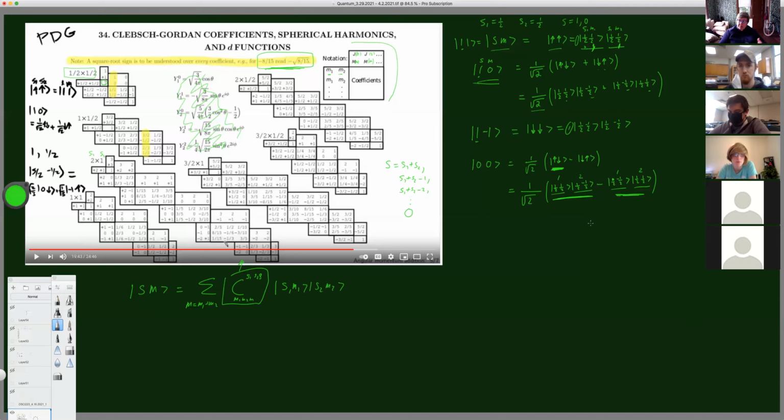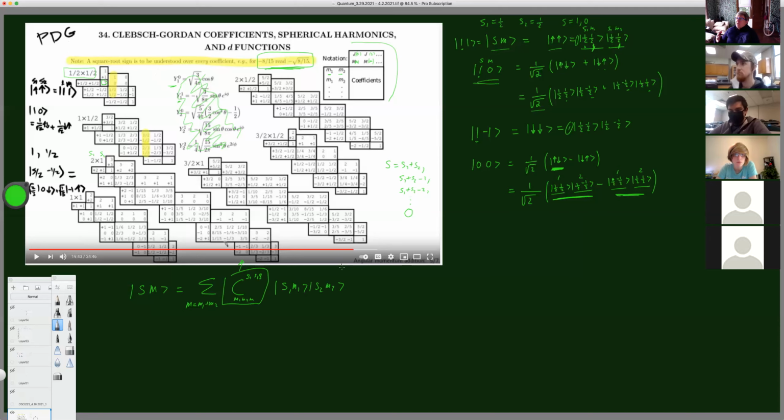The hydrogen atom can be in that state, although we're ignoring orbital angular momentum. The total angular momentum of the hydrogen atom has to also include the orbital angular momentum, the L, m that we know from the spherical harmonics, right here.